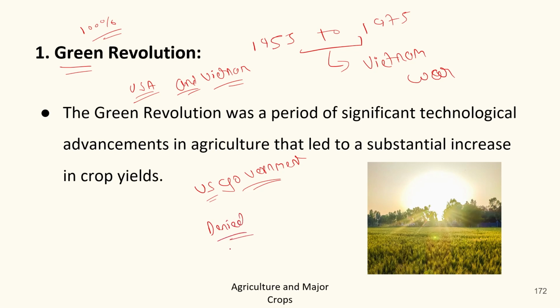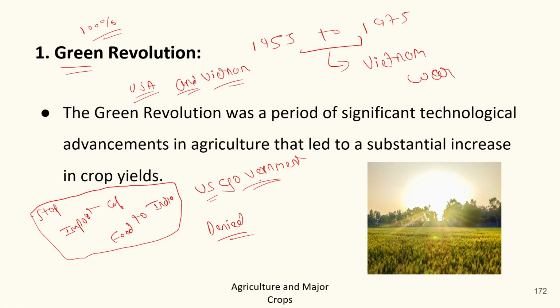The Indian government denied, and as a result, the USA stopped imports of food to India, because the Indian government was not on the side of the US government at that time.